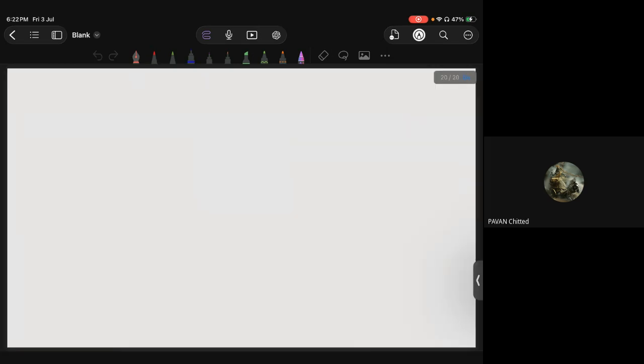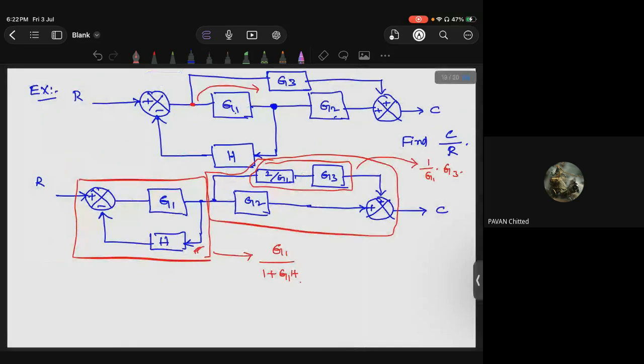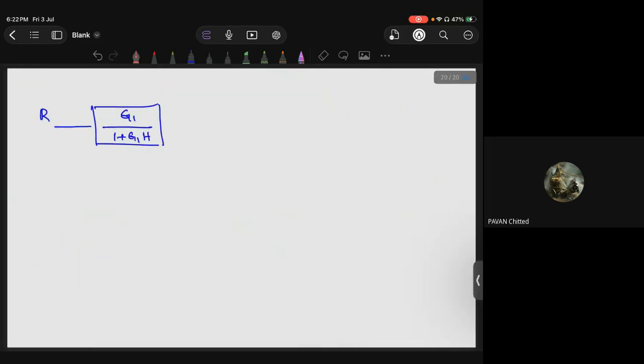We have R, where this one is G1 divided by 1 plus G1H. Then I have G2 here and above is 1 by G1, G3, and plus plus C.